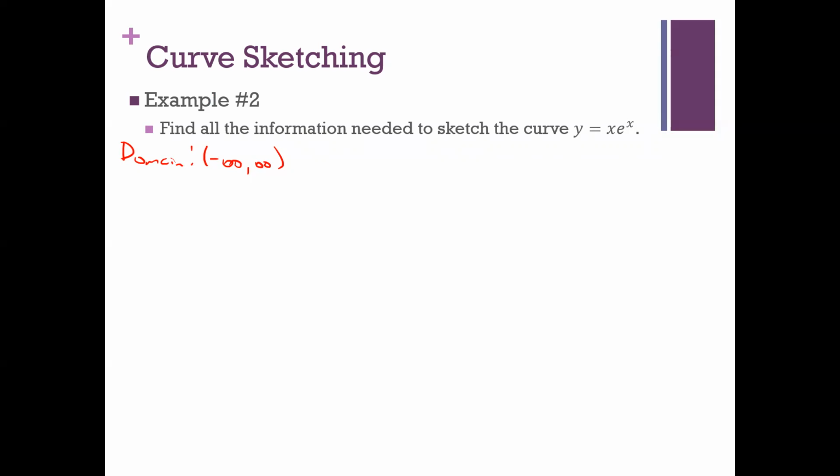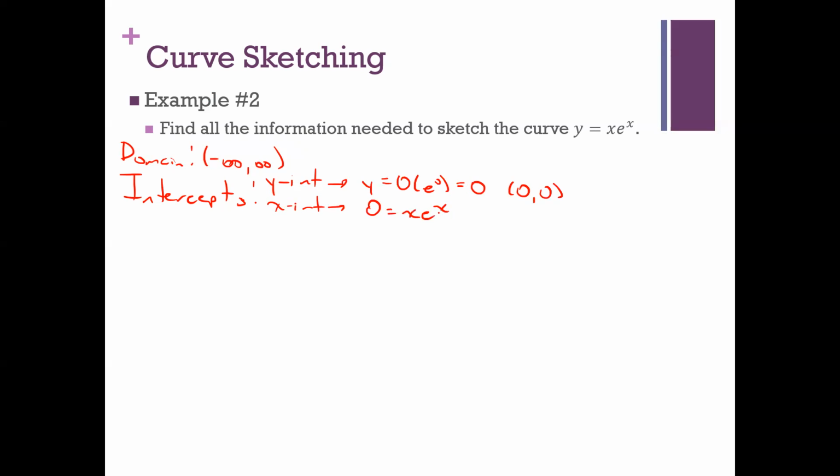Are we going to have intercepts? We can look for a y-intercept. y equals 0 times e to the 0, which is 0. So I have an origin again. What happens if I look for x-intercepts? 0 equals x e to the x. Is it only going to be 0?